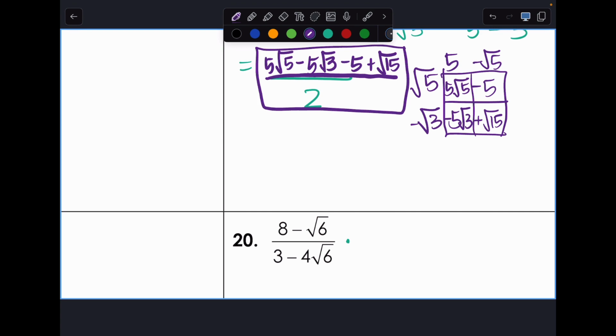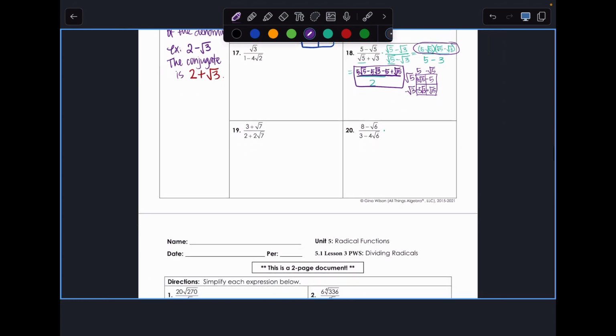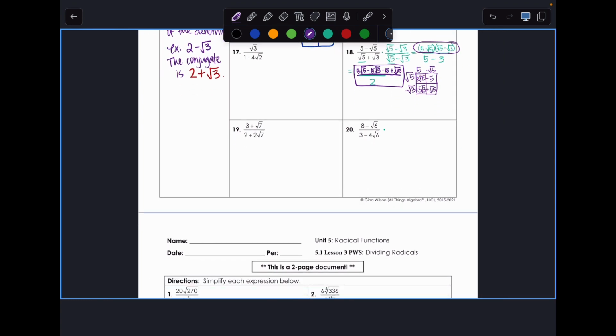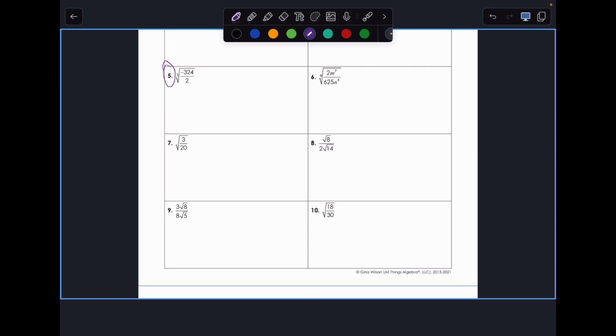Okay. All right, your homework is on the next page. It's number 1, 5, and what else was it? Hold on. Is it 9?